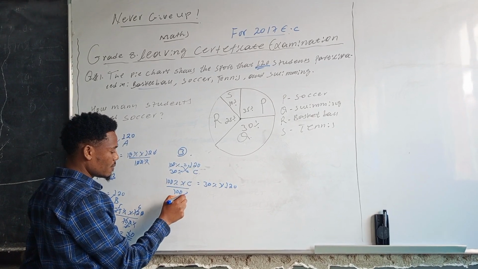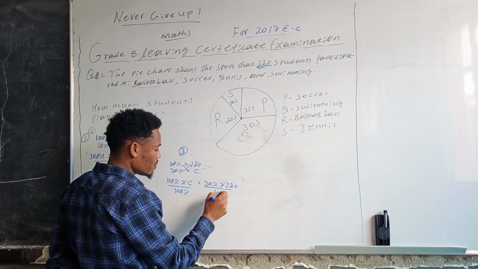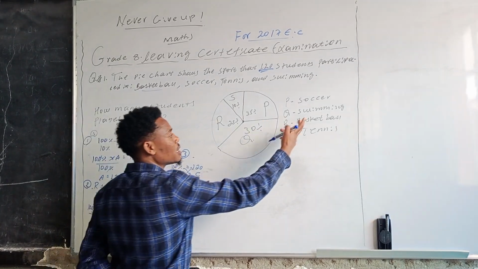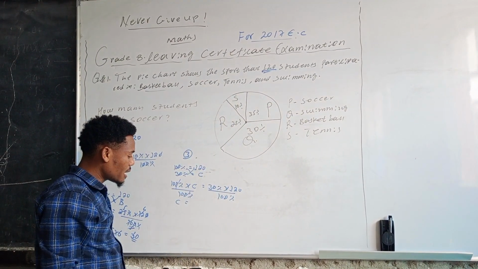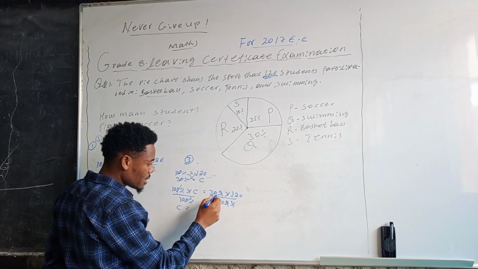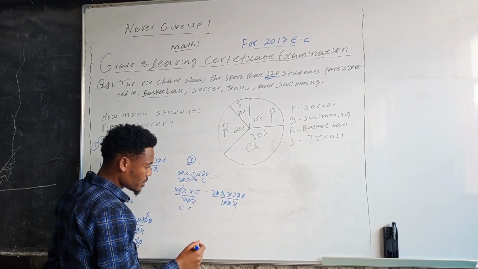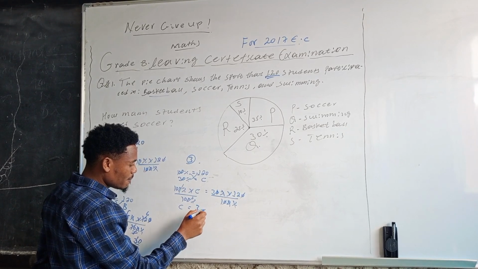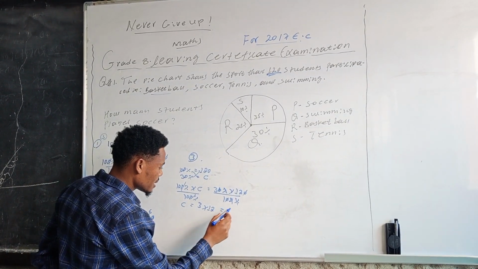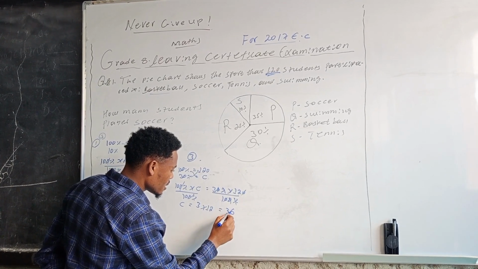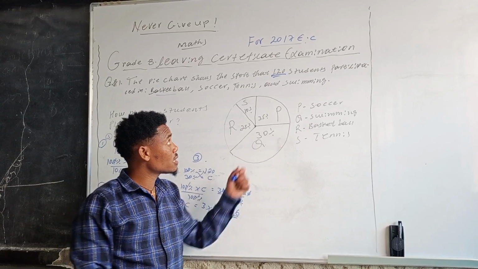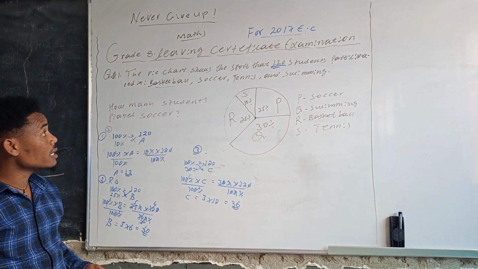Dividing by 100, the percents and the zeros cancel, leaving 3 multiplied by 12, which is 36. So 36 students participated in swimming out of 120 students.